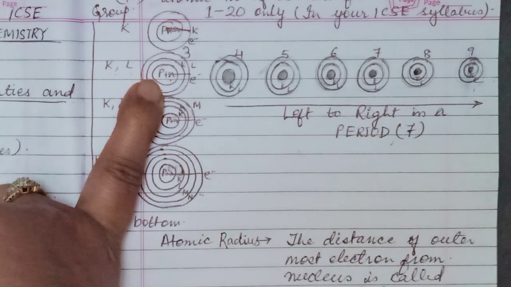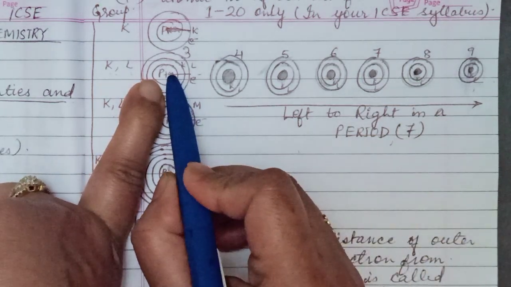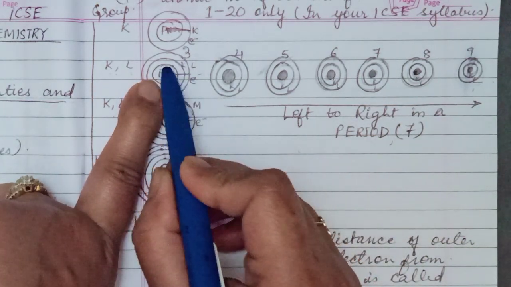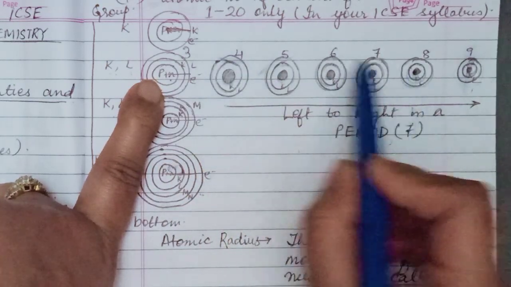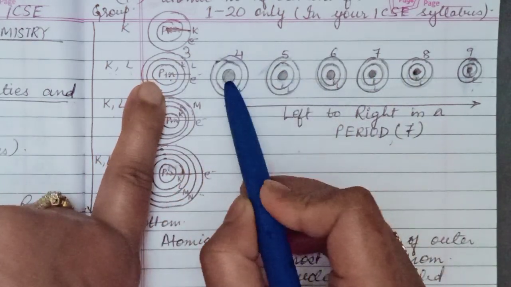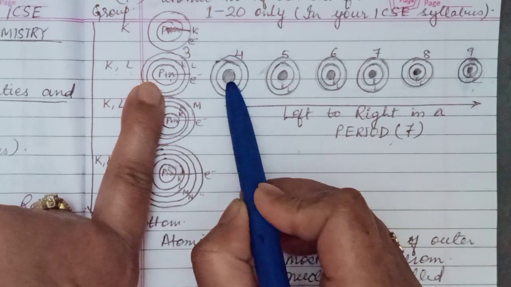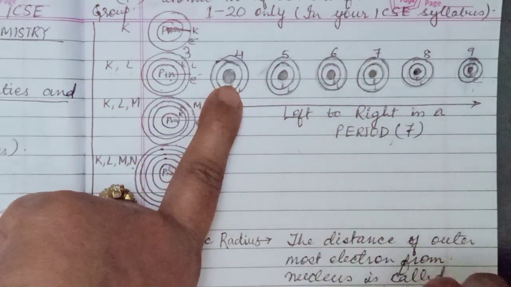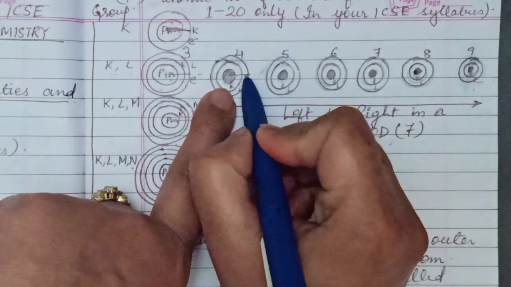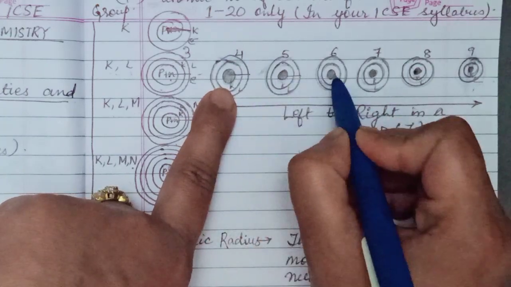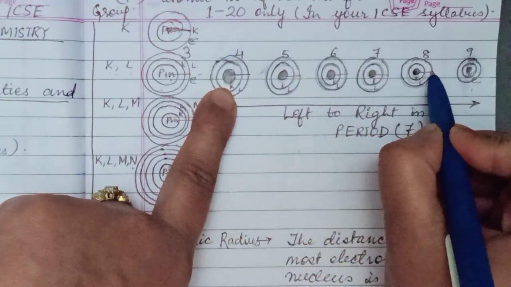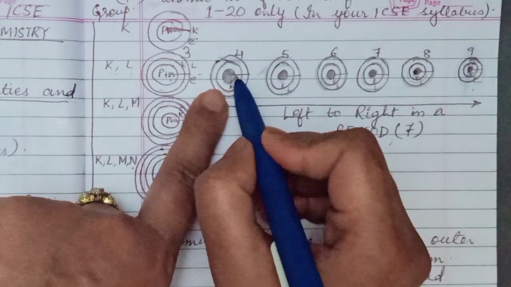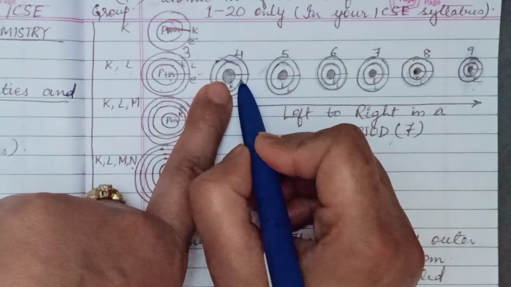Both are the same. So when the number of shells is the same, but as we move from left to right the number of protons is increasing, that means nuclear charge is increasing, but the radius or shell is the same. So what will happen here? The nuclear charge is more and the distance between the shell is less.